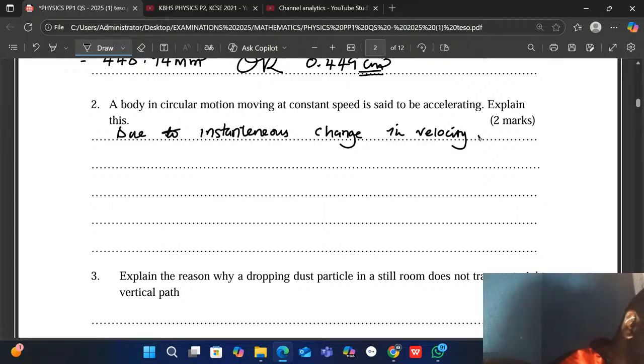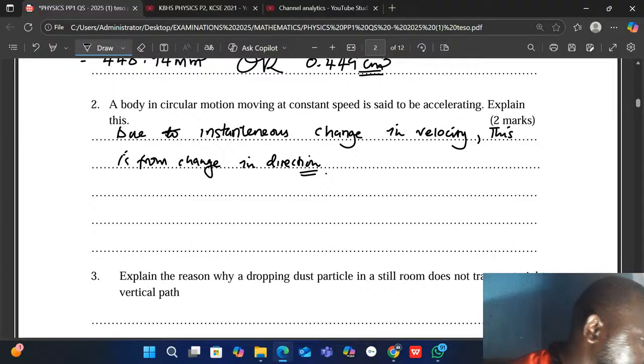And where do we get this one? This is from the change in direction.